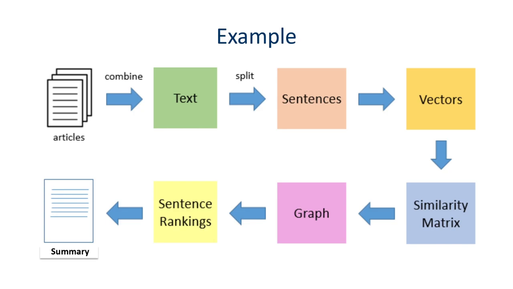After that, we move on to the vectorization step, shown in the yellow box labeled vectors. Here, each sentence is converted into a numerical vector representation so that the computer can understand and compare them mathematically. These vectors capture semantic meaning, so that similar sentences will have vectors that are close together in this space.